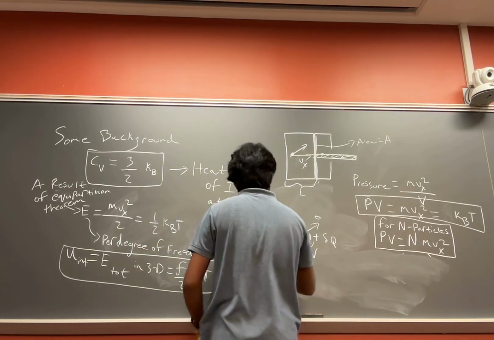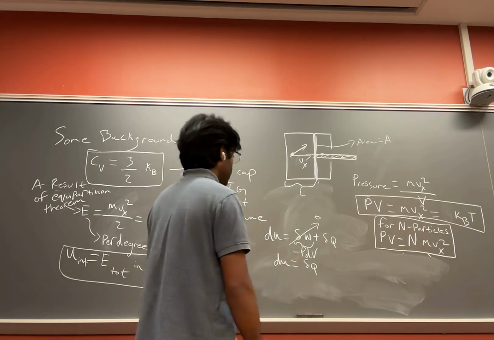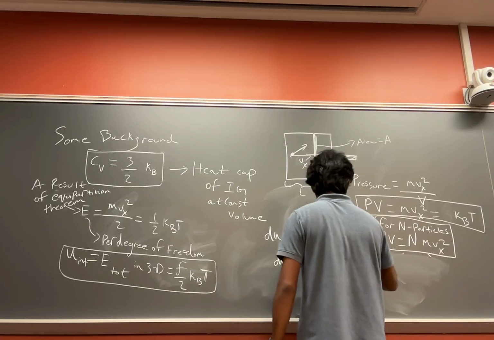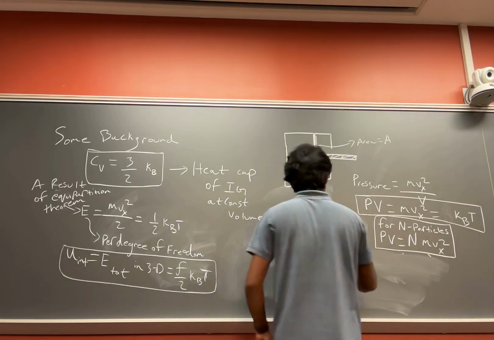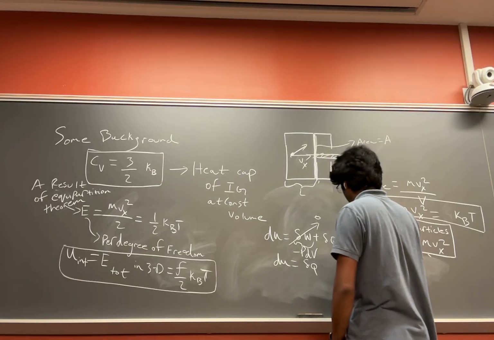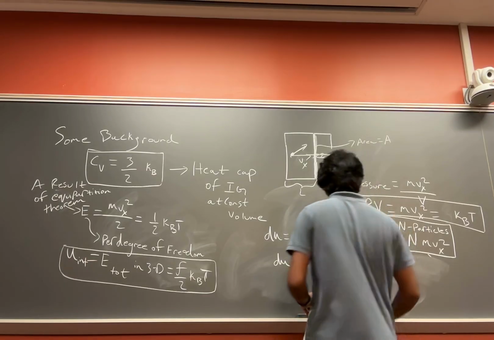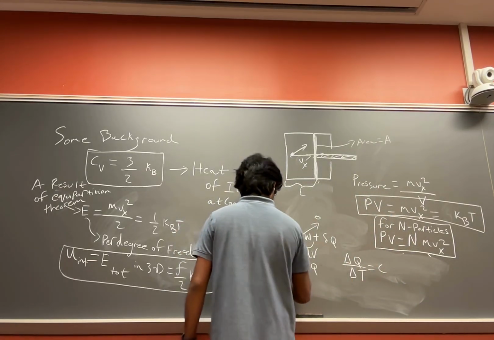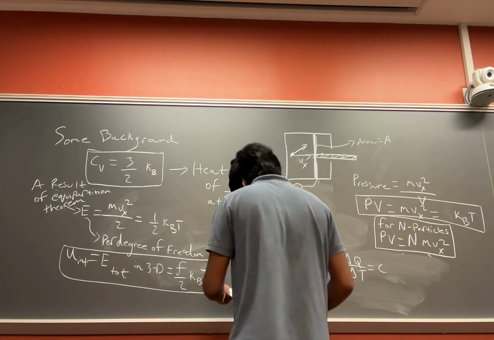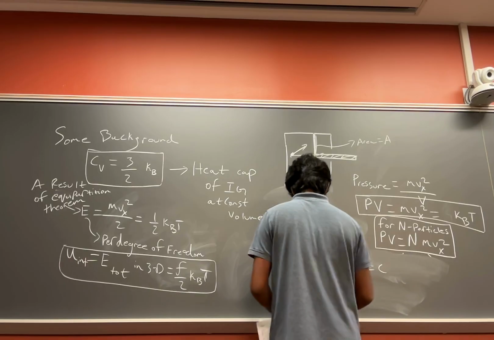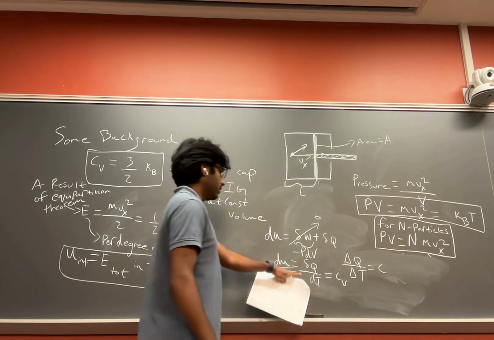So we have dU equals delta Q. And by the definition of heat capacity, which is just the change in heat per change in temperature, is just C. Dividing over by dT on both sides, we see that dU/dT is our expression for CV.